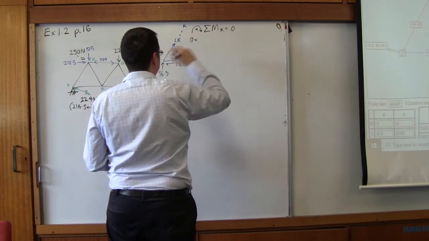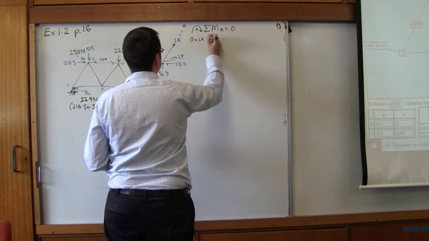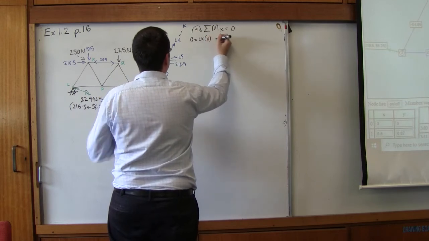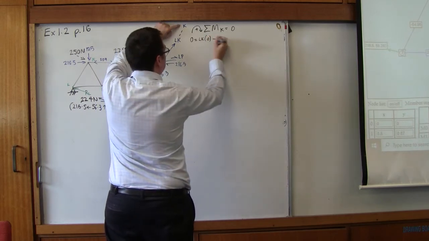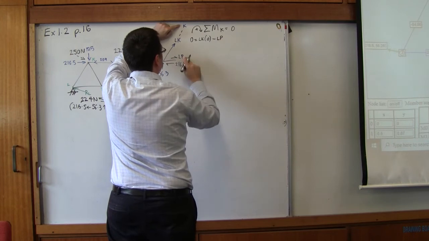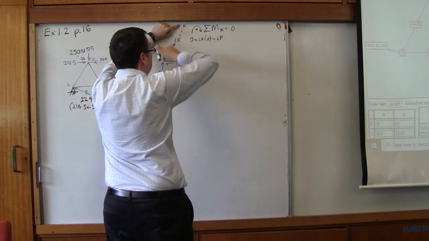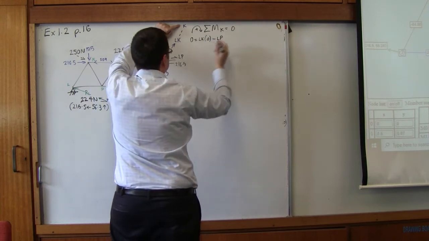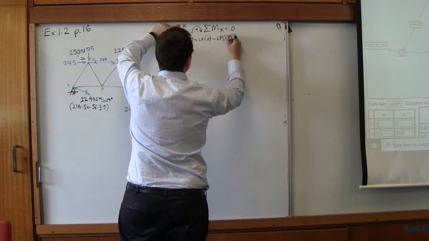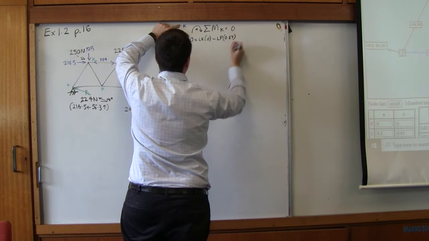And we're going to say 0 equals, well obviously LK multiplied by 0 is nothing. And then we're going to say LP. LP is going anti-clockwise, so I'm not going to change that. How far away is it? It's 0.87 triangles away.